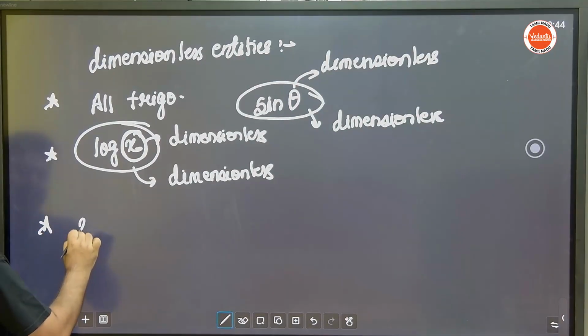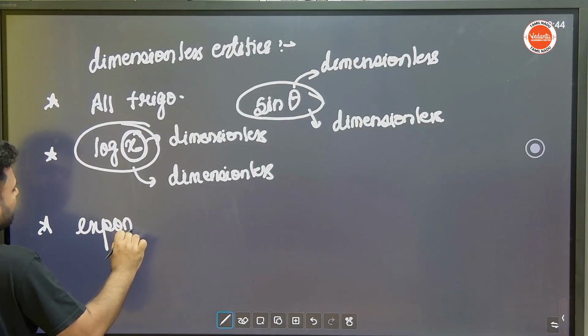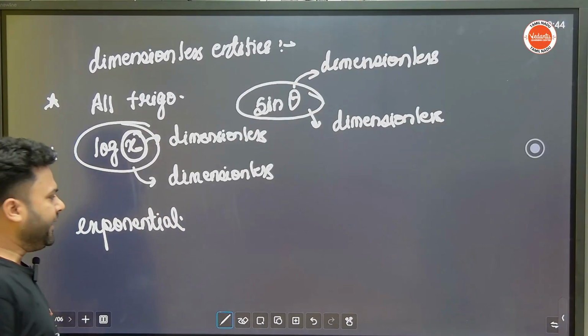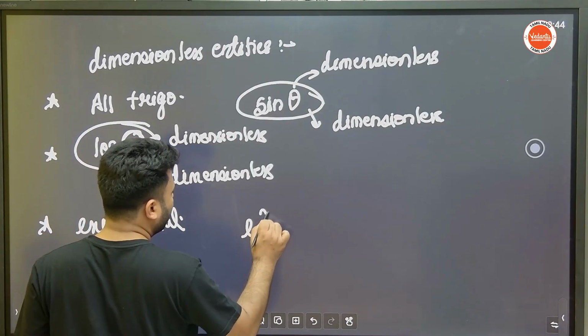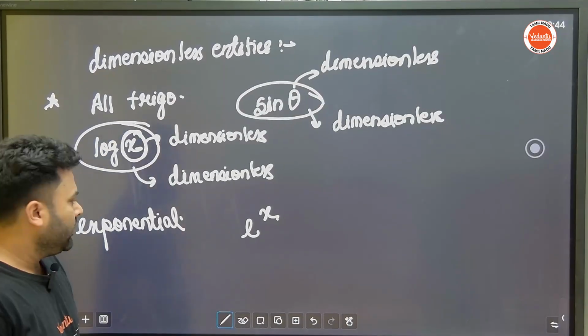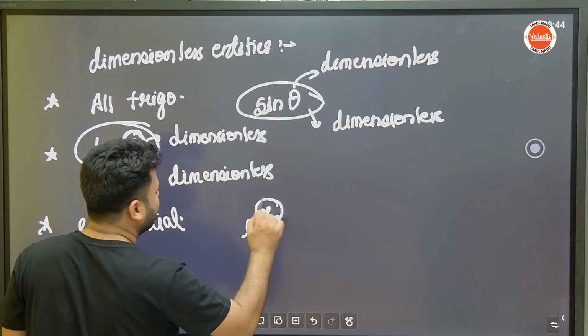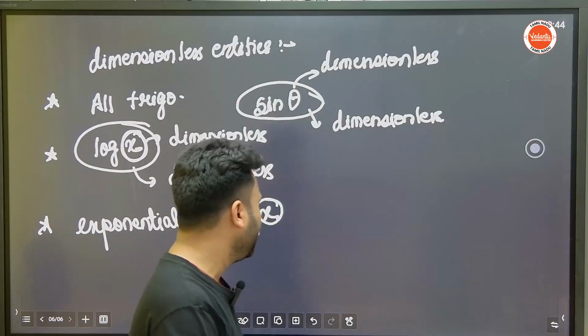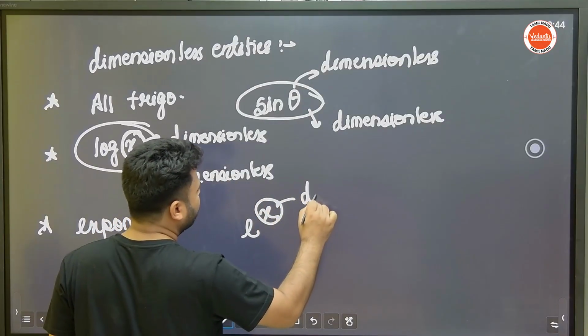Then exponential function. E to the power x. So this x is also dimensionless, like e to the power square, e to the power cube. So this is a number. So this is also dimensionless.